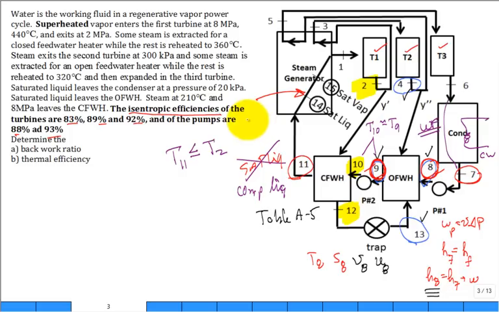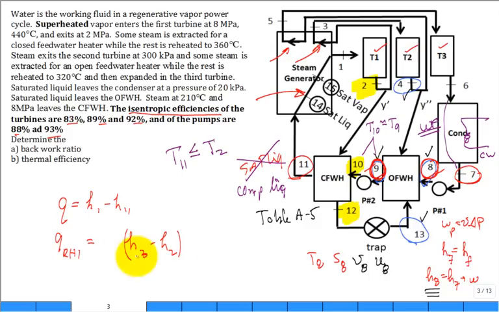All right. What will students miss when they want to get the heat transfer into the working fluid? They'll say, oh, the rate of heat transfer into the working fluid is H1 minus H11. But they've forgotten this first and second reheat in the energy balance. Don't forget those reheats in the energy balance. And so you'll have, going into this reheat number 1, the H of 3 minus H2.